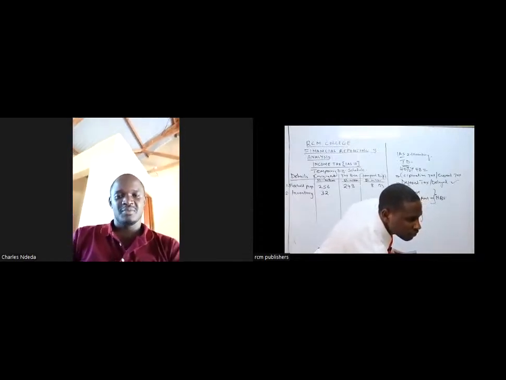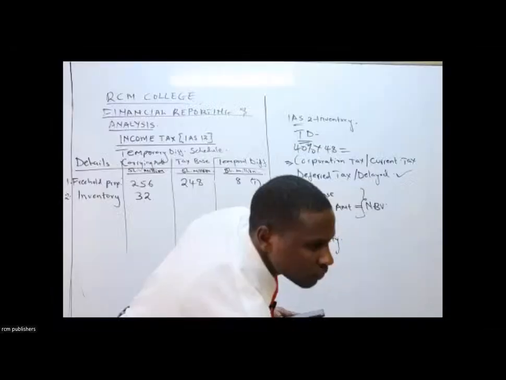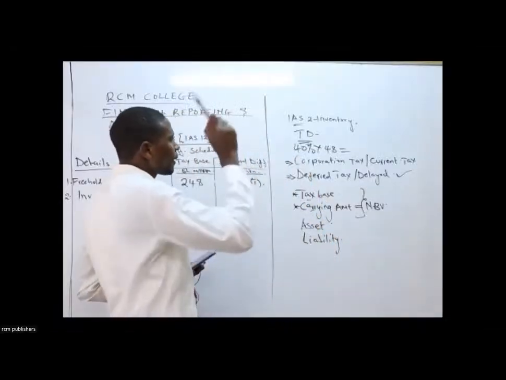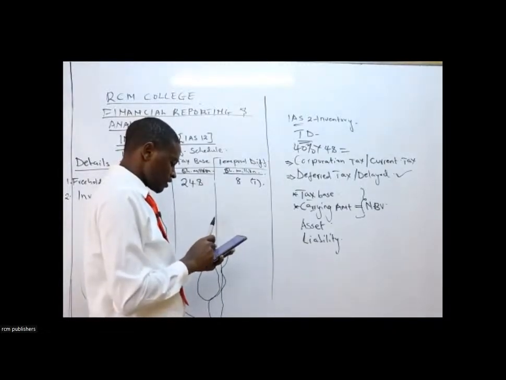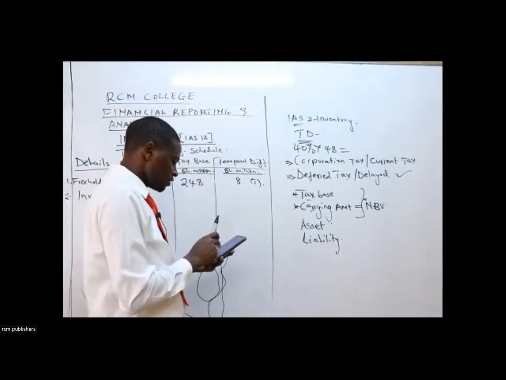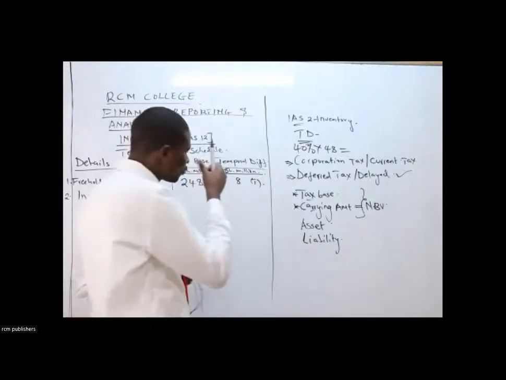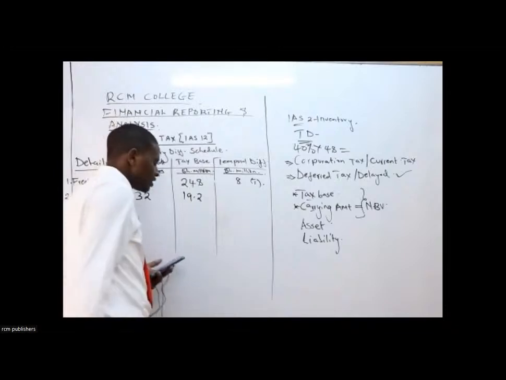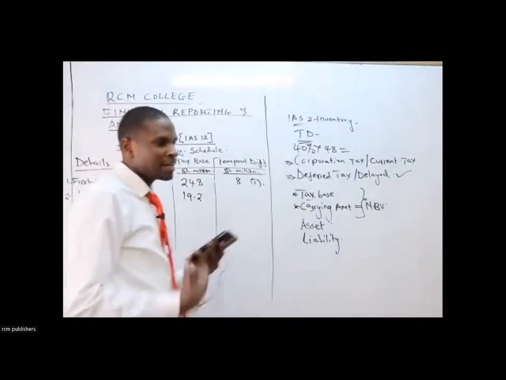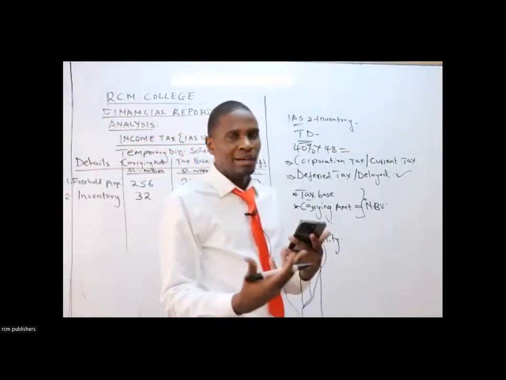Let me see. I'll be very keen here. All right. Good. Now, this one, if I take my 40%, that is 0.4 times 48, I'm getting 19.2 million. I ask myself, what am I dealing with?